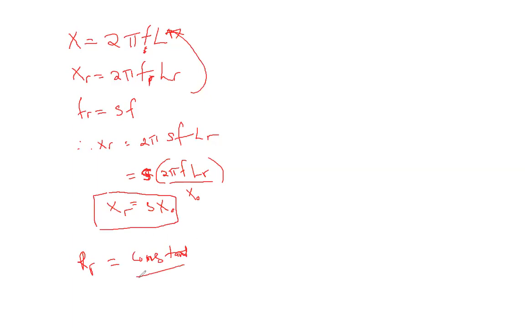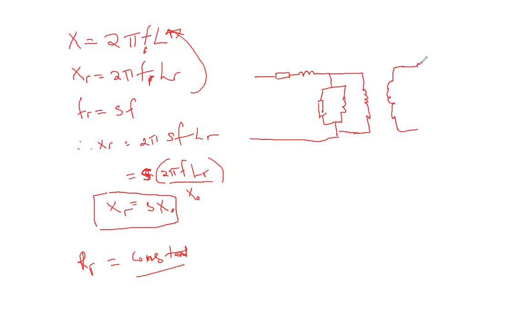Now with these new parameters, I can actually redraw that circuit. I'm drawing it in an ugly manner now. All right, so we have the reactance there and the resistor there. So now the rest is the same.